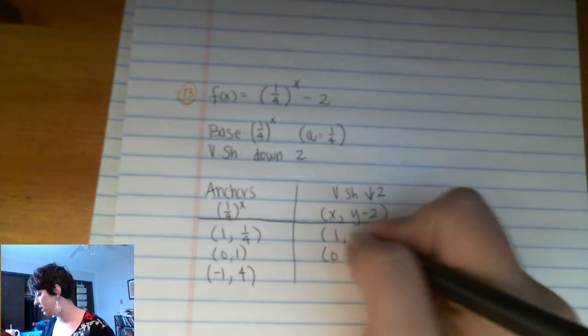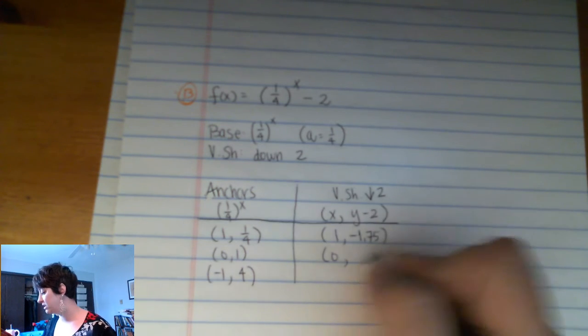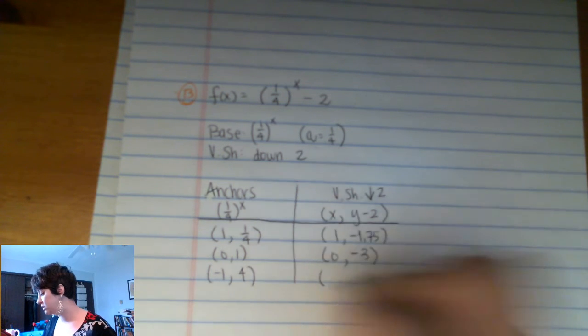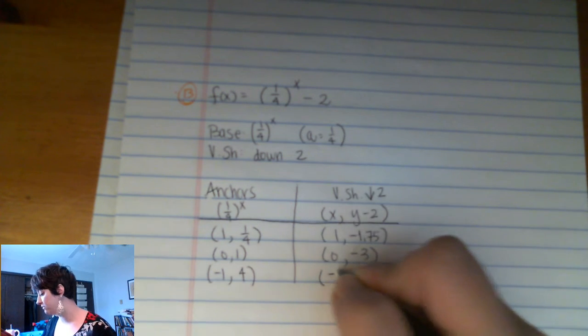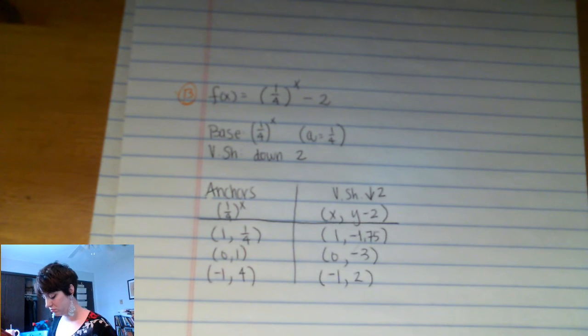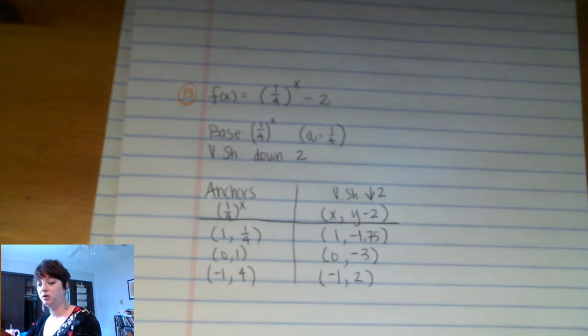So that's negative 1.75. Instead of 0, 1, I have 0, negative 1. Instead of negative 1, 4, I have negative 1, 2. Okay, so these are the 3 points I'm going to plot.